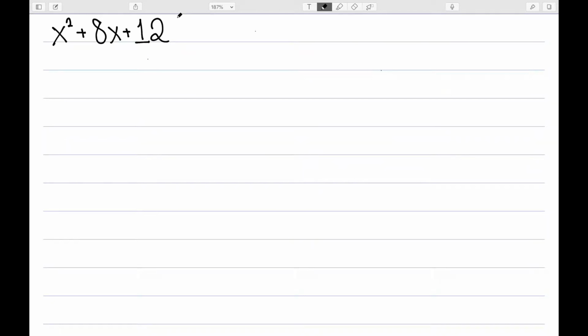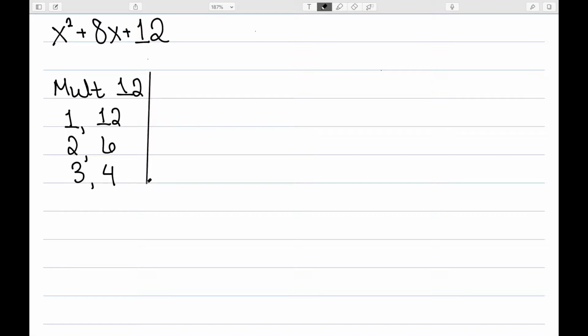The first example says x squared plus 8x plus 12. So I need to think of everything that multiplies to give me 12. Well, I know 1 and 12. I know 2 and 6. And I know 3 and 4. And that's everything that multiplies to give us 12.